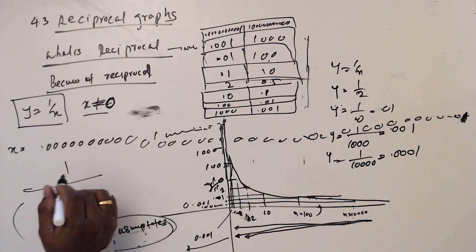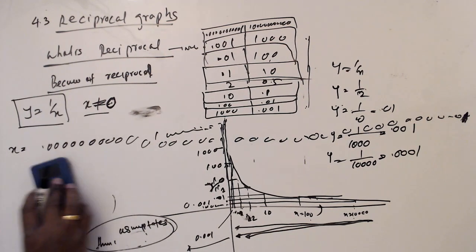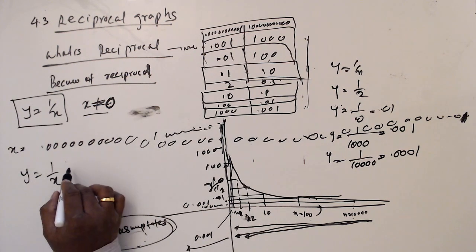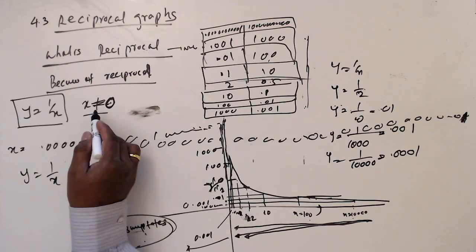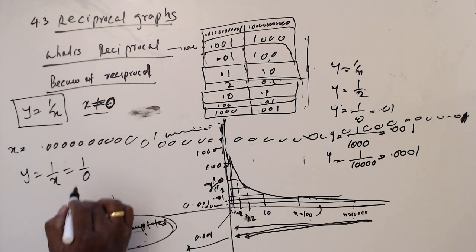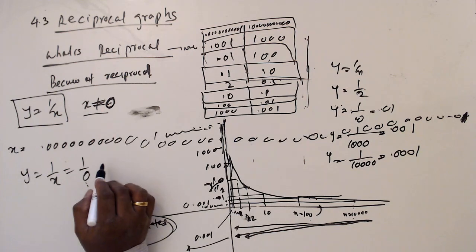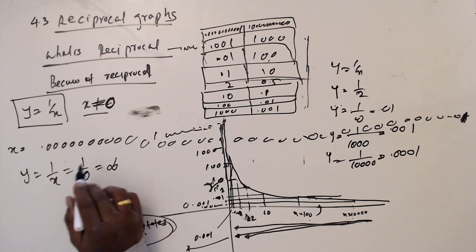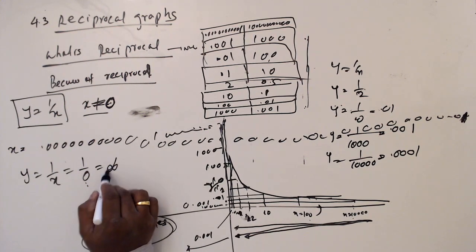You can see that from the function. They will say don't take x equals 0. If you take x equals 0, what is 1 over 0? 1 over 0 is infinity. I am going a little bit further: not undefined, but I will say it is infinity.